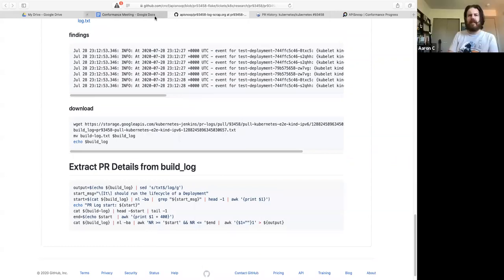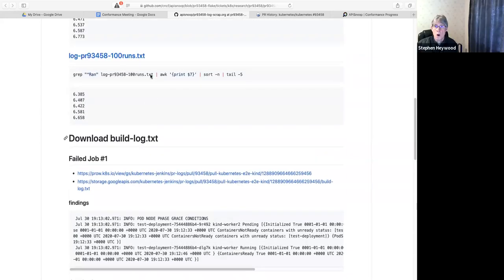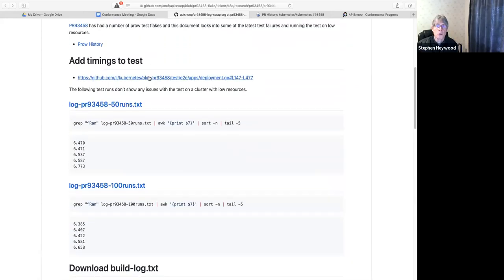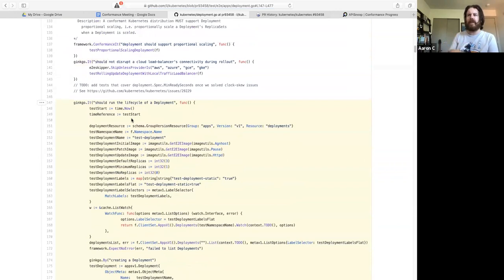What's the context of these 50 runs and 100 runs logs? What I did is, if you go to that link there. Like you're running the same test over and over? Yeah, basically.